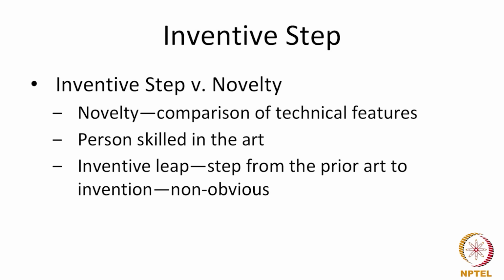It is a hypothetical construct, but the person skilled in the art himself is not instrumental in determining novelty, because the definition of new invention simply does not mention anything about the person skilled in the art. Whereas in an inventive step analysis, the key ingredient is to see whether the invention was not obvious to a person skilled in the art.